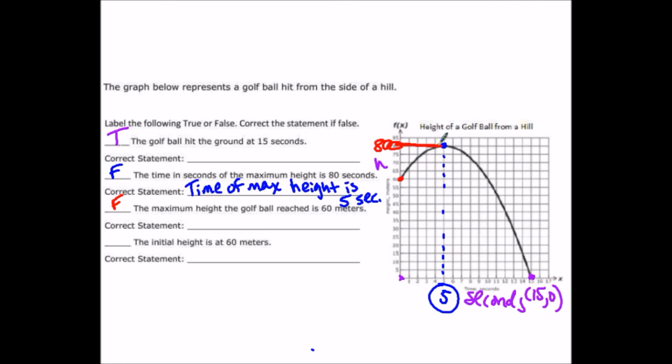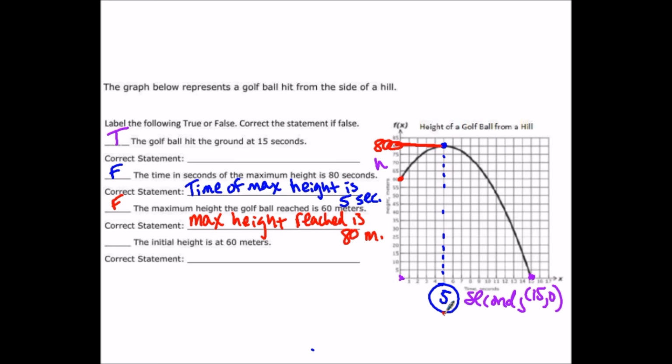So the highest that this graph is, we can say the max height reached is 80 meters. So we know that max height is 80, and it did that at 5 seconds, just using our graph to give us some answers there.